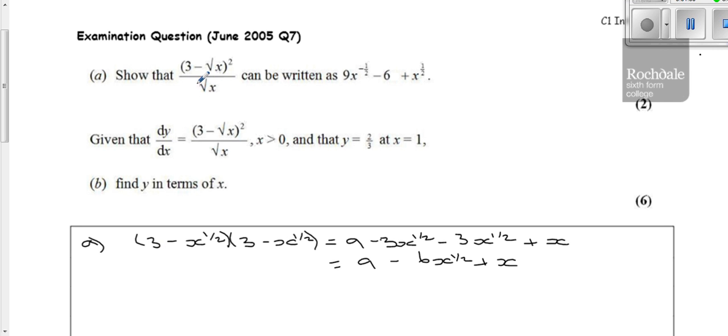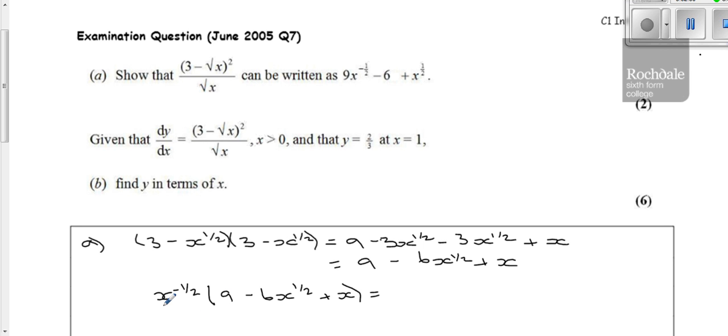Now we've got this square root of x. So you can either think about it as dividing, or we can write it as x to the power of minus a half. Minus because it's a reciprocal, half because it's a square root. And I want to multiply that into the polynomial that I've already written down here.